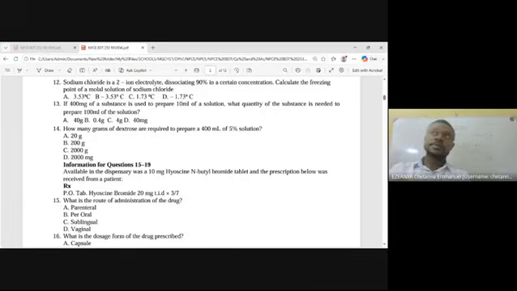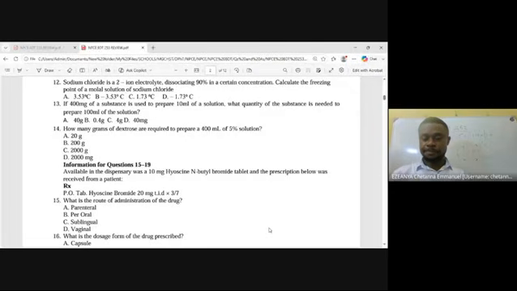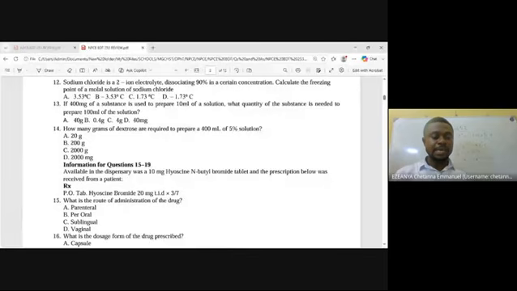Okay. So option A, 40 gram. Option B, 0.4. Option C, 4 gram. Option D, 40 mg. So what's the answer? 4 gram. How did you get 4 gram? Tell us.